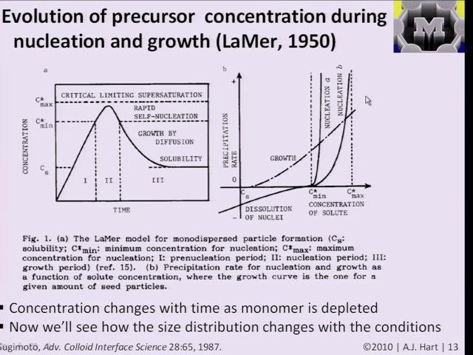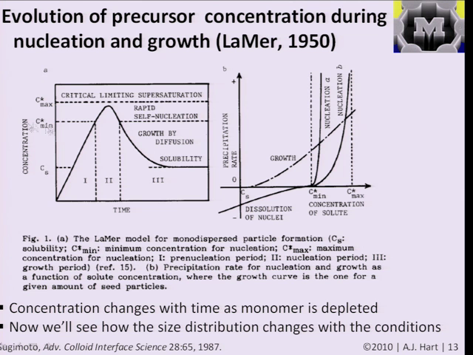So over 50 years ago, the first paper that talked about this process of nucleation and growth of colloids in solution, or small crystals, very elegantly plotted out the idea that we're trying to describe by decoupling the nucleation and growth processes.